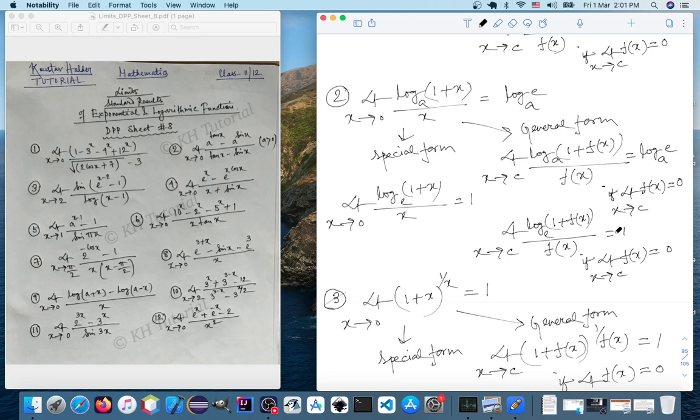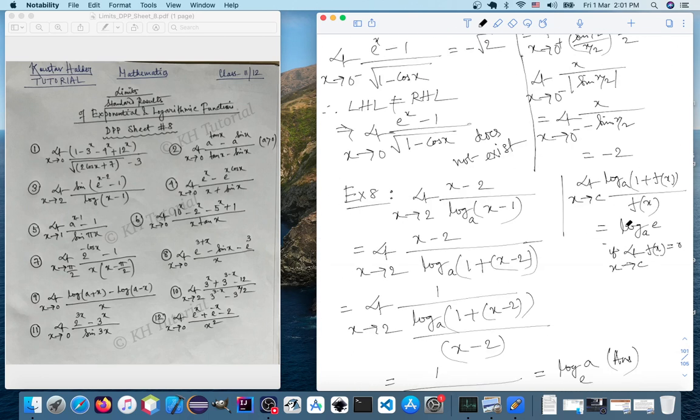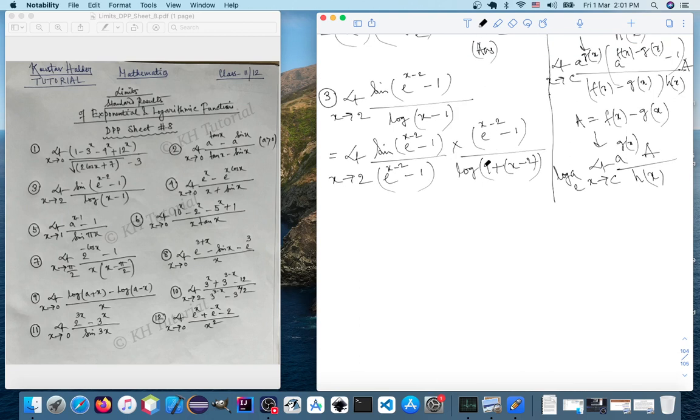If a is e, then we have 1. So in our case, the base of log is e. If no base is given, it is e.